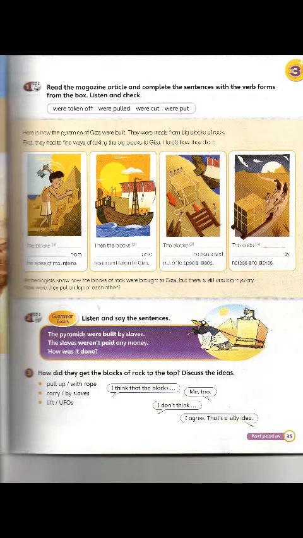And then after were, we put the past participle of build, which is built. But in the last sentence, how was it done? The subject of the sentence is it, and it is a singular noun. So we use was, and then we put verb 3 or past participle, done.